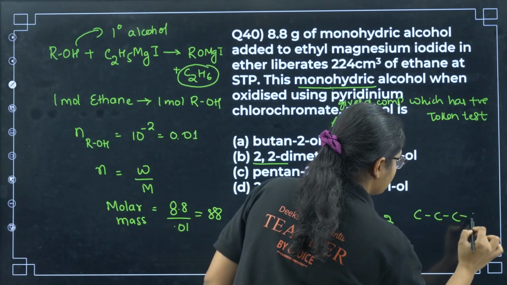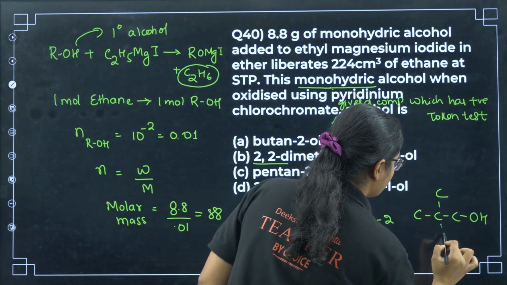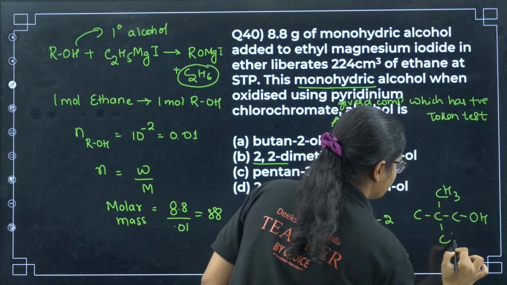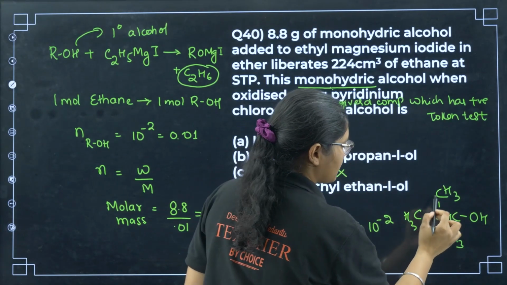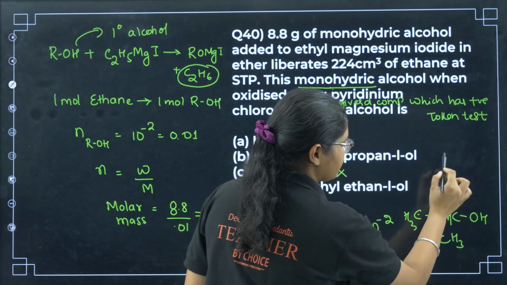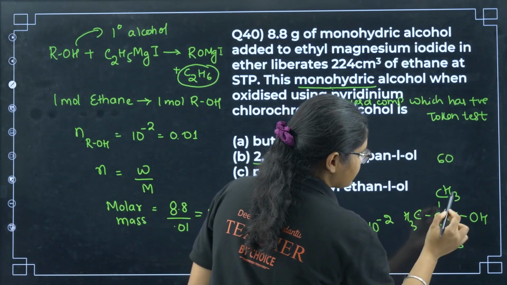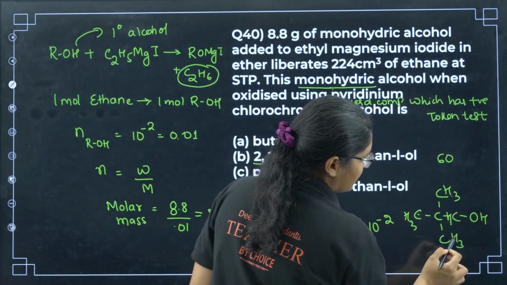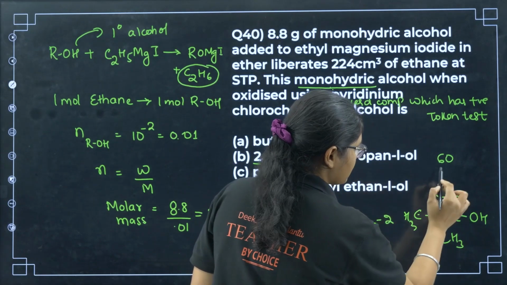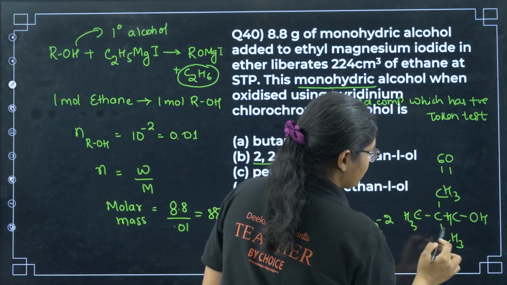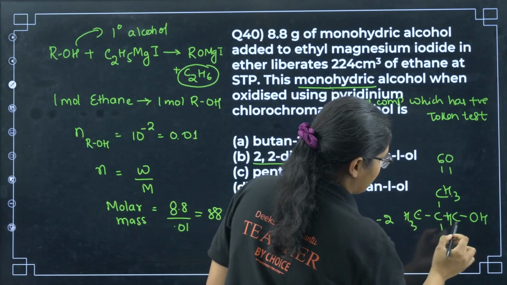So I have 2,2-dimethylpropan-1-ol. Okay, so let's just calculate the mass. 1 2 3 4 5, so 12 times 5 is 60, plus hydrogen 3 3 3, that is 9, 10 and then 11. Okay, one second, I have missed one.